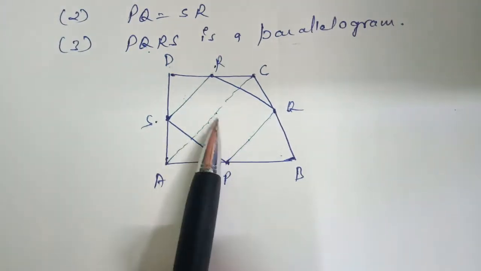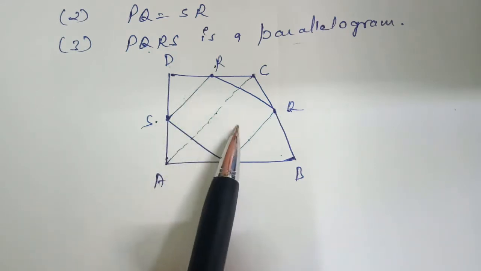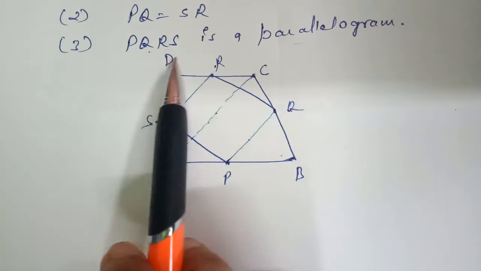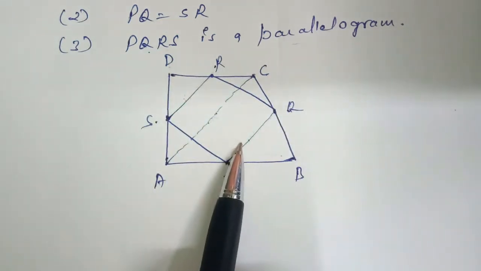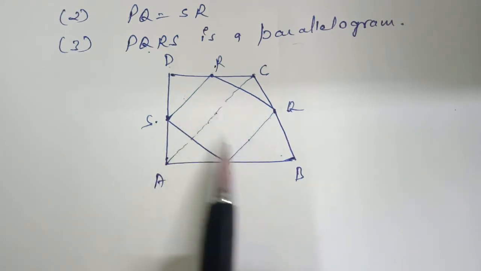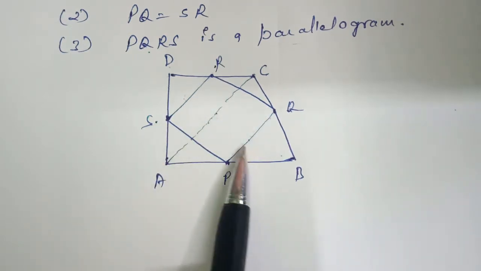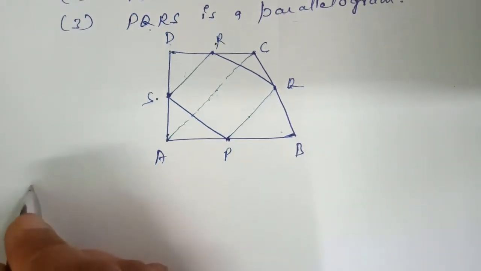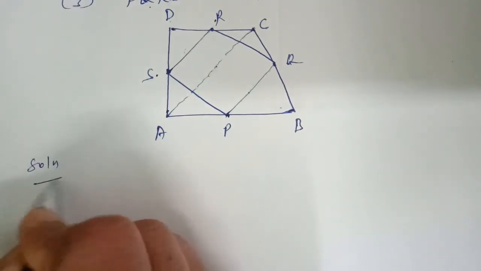Using the concept of half of AC from the first and second, we will get the second condition. And for the third, PQRS is a parallelogram. If any one pair of opposite sides of a quadrilateral is equal and parallel, then we can say that quadrilateral is a parallelogram. So we're going to apply that. Let us start the solution.